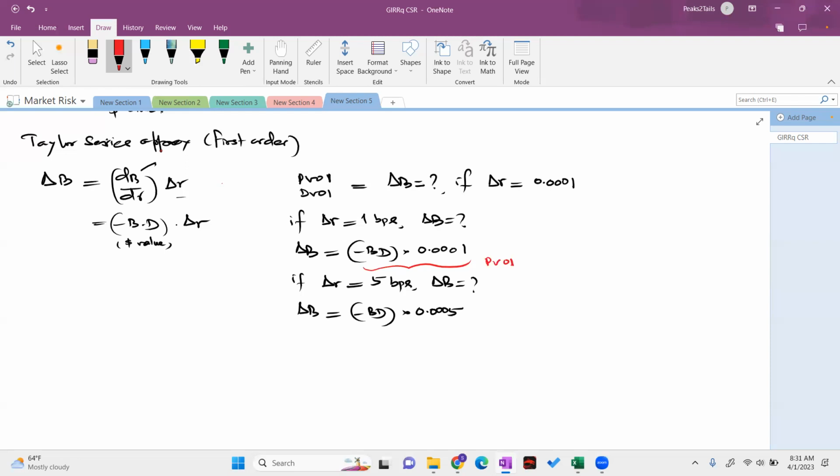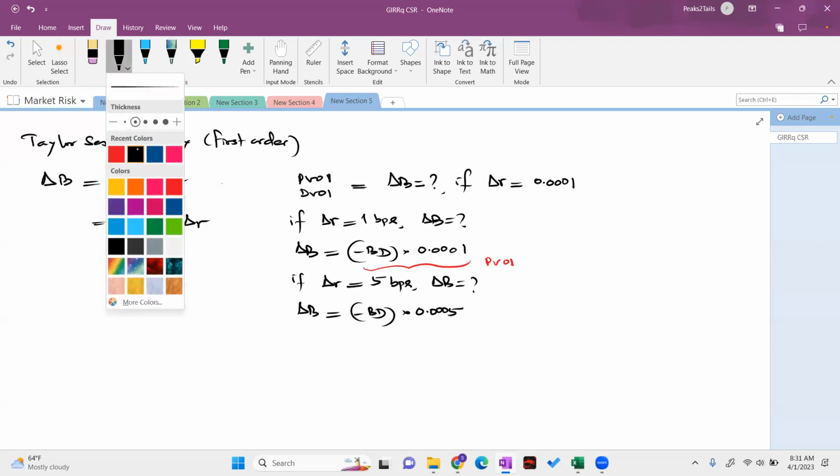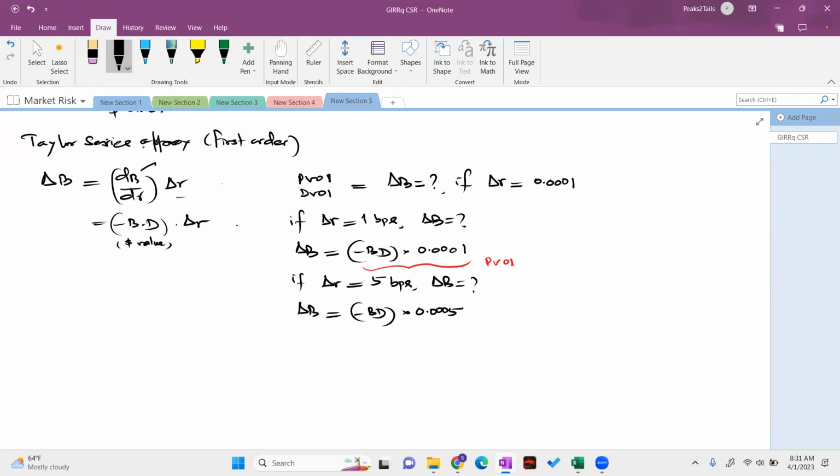To me, that is PV01. Actually, this would not be 10, it will be minus 10, because there is a minus sign. We know that if interest rate goes up, bond price goes down, if it is a long position. If it is a short position, it will be opposite. We know this.